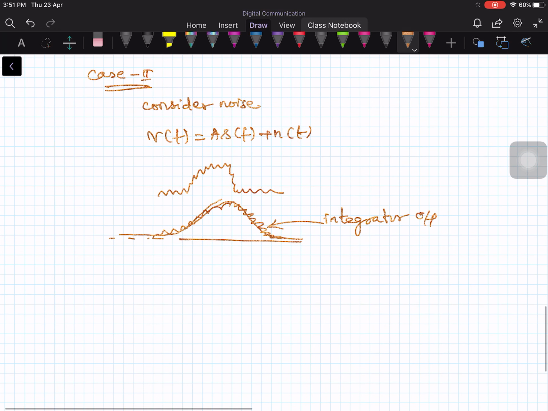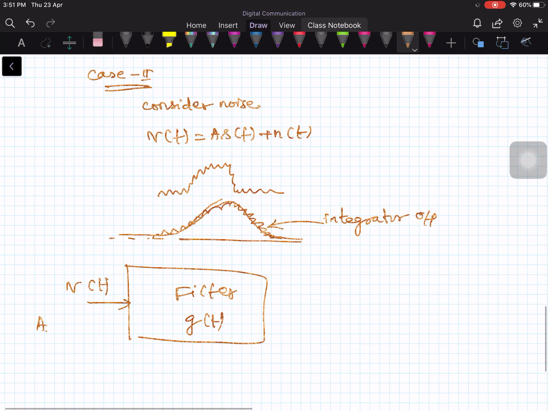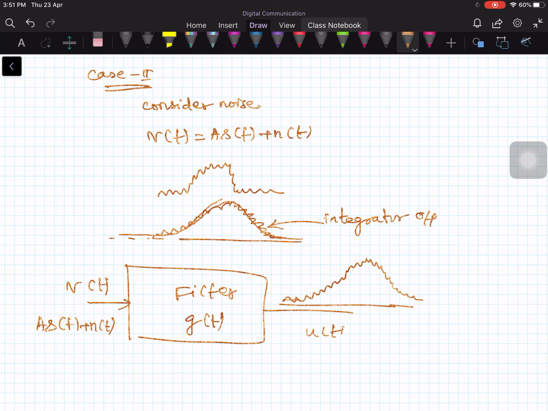Okay, so you have the block like this, a filter, and this is g of t, the impulse response, and v of t equals a times s of t plus n of t, and the output is u of t, and it goes like this.